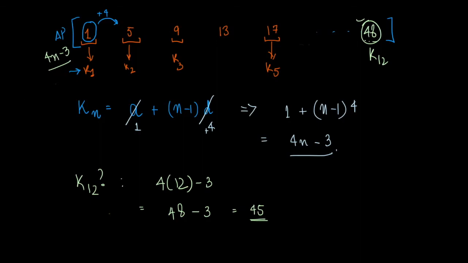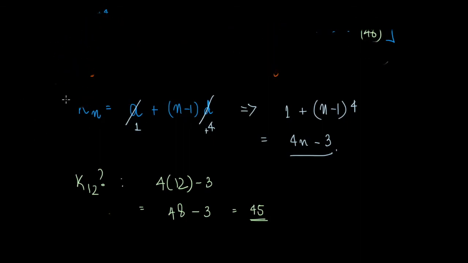Now, a few pointers here. There's nothing that really stops the difference from being negative. That is to say, we can have a decreasing sequence. For example, we can have something that goes along the lines of 4, 1, minus 2, minus 5, and minus 8. So what's different about it?